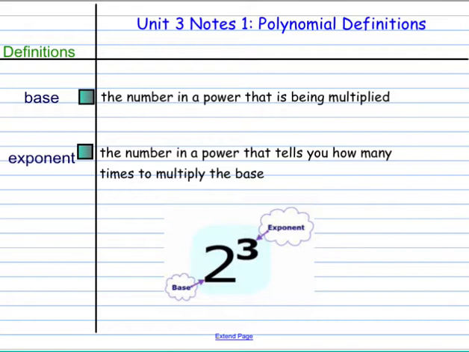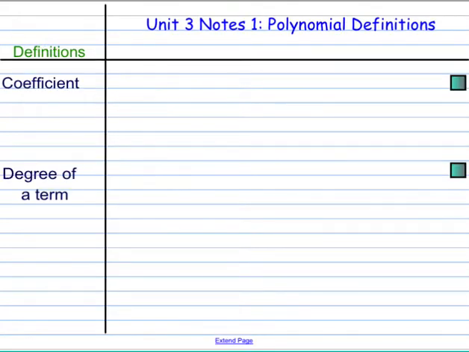We also could use letters. If we had something like x to the third, x would be our base and 3 would be our exponent. So that represents base and exponent. Again, I'm going to talk faster than you can write, so feel free to pause the video to get these things written down.